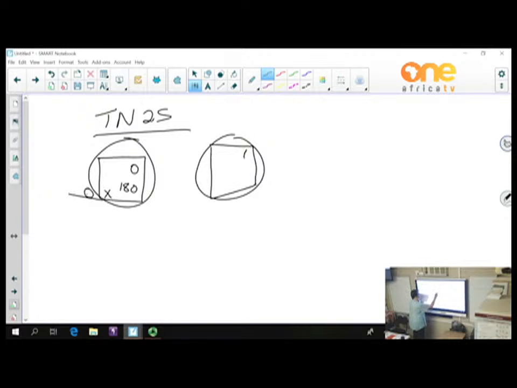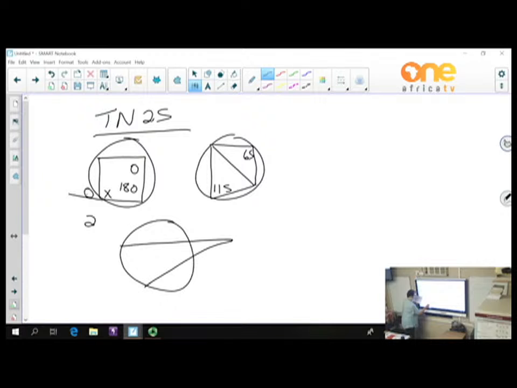So this one is 65. We find it in that triangle. That's easy. What do we know about supplementary angles? They add up to 180. So this one is then 115 degrees there.